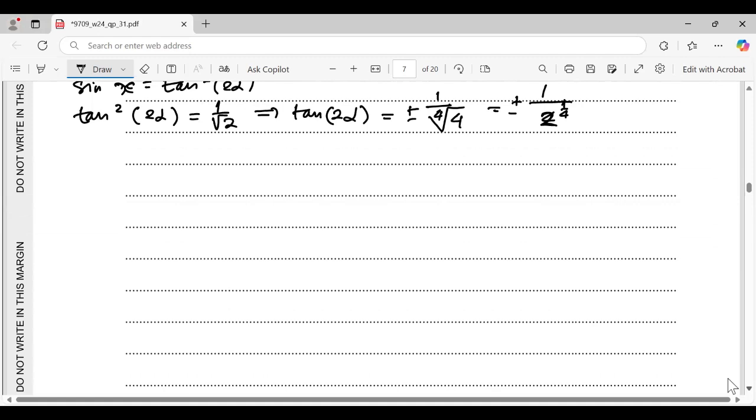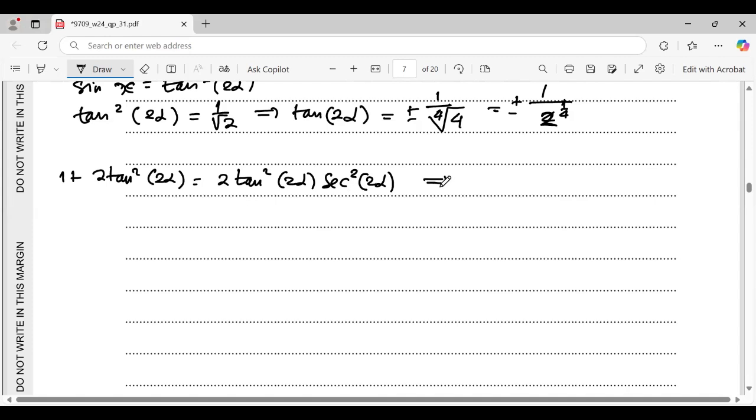Now, we're going to use the identity. Using the identity, 1 plus 2 tangent squared 2 alpha is 2 tangent squared 2 alpha secant squared 2 alpha, based on the information above.